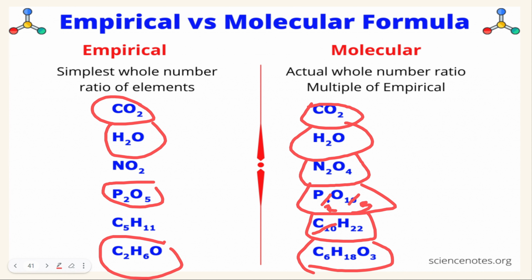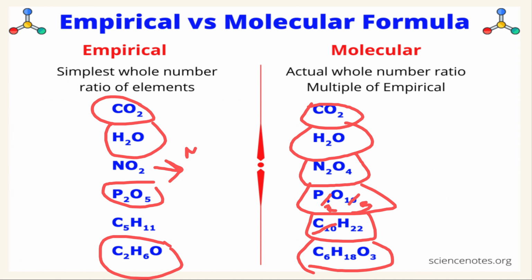Regarding this one, is it a formula for a compound? Because this looks a bit like nitrogen dioxide? Yes. Note that you can have one empirical formula that matches multiple molecular formulas.